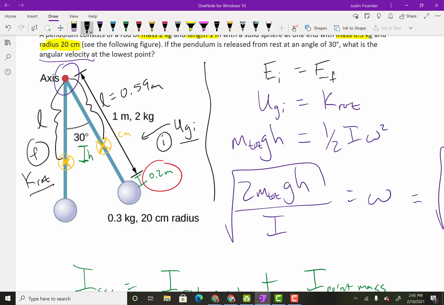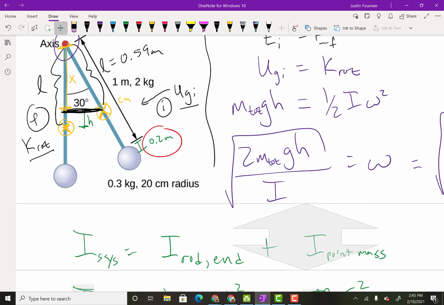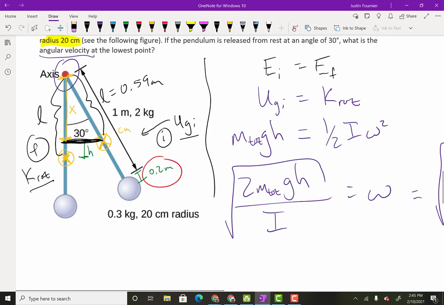And so if you know anything about pendulums, I can do a little trick here. I think we did this with pendulums with energy, right? If I called this distance X, I've made a right triangle for myself here.